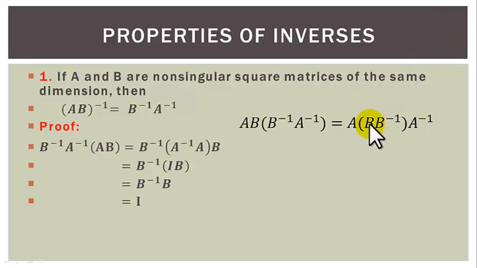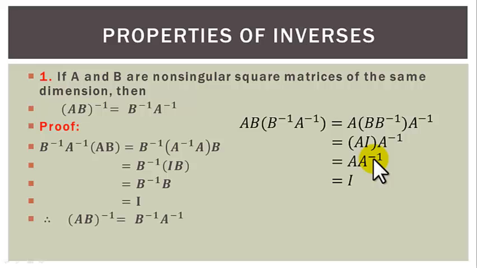But B times B inverse is I. So this will give us A I times A inverse. But A times I is A. And this will therefore give us A times A inverse. But A times A inverse is equal to I. So therefore, the inverse of AB is equal to B inverse times A inverse.